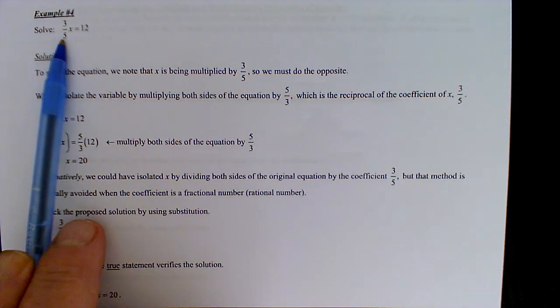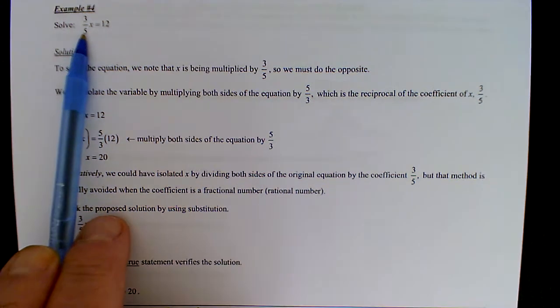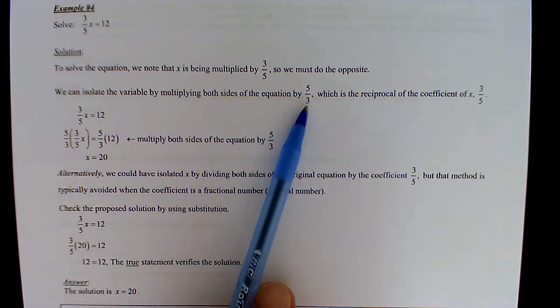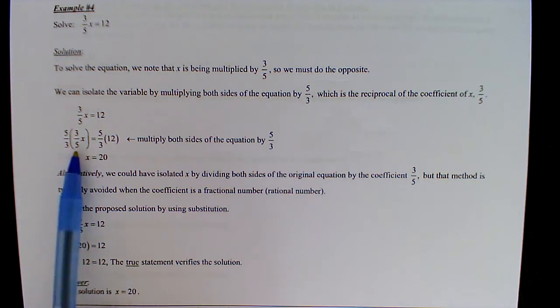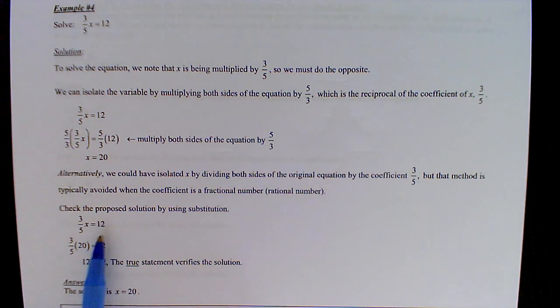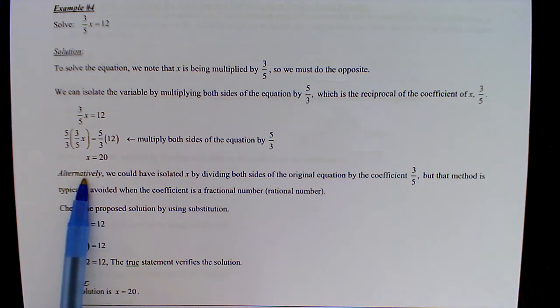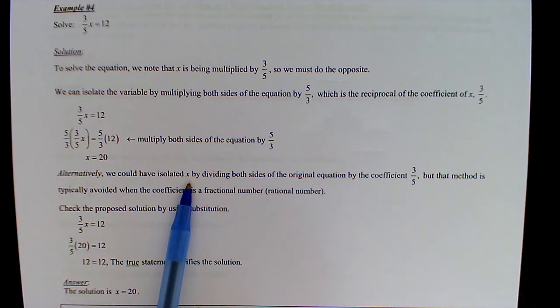So notice the coefficient of x is a fraction, and we use the concept of the reciprocal of 3/5, which is 5/3, to multiply both sides by the reciprocal. Alternatively, we talked about dividing here, but it's cumbersome to divide fractions. So that might not be the most efficient way to proceed.